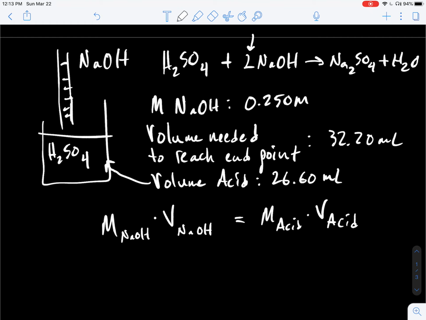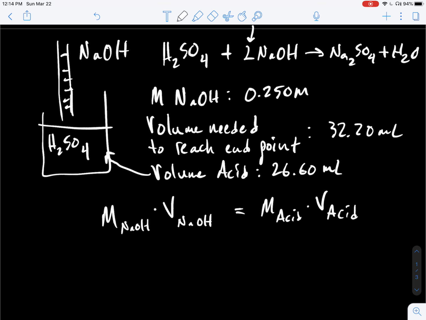We can still use this equation. We just need to remember, though, that this does not react in a 1-to-1 ratio anymore.